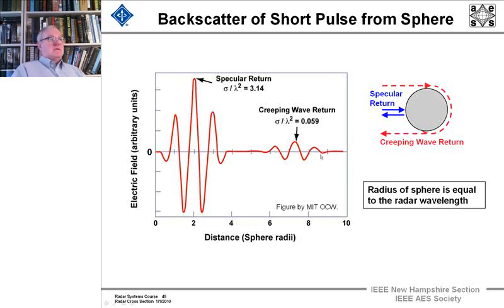And then a distance later, the creeping wave return. So we see the creeping wave comes out, and the specular wave comes back and forth. And this is where the radius of the sphere is equal to the radar wavelength. So what you can have is that interference effect taking place.